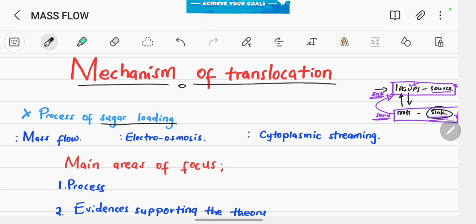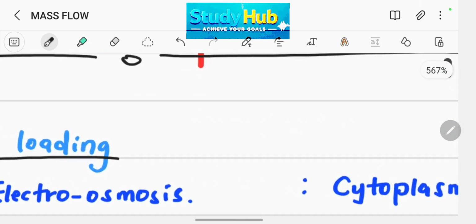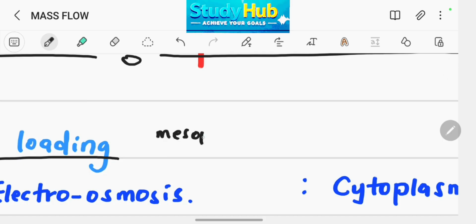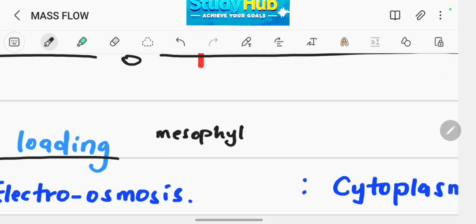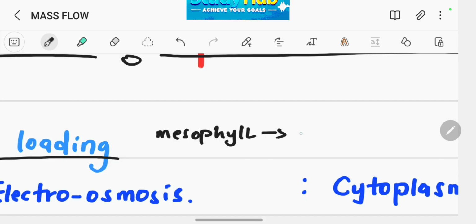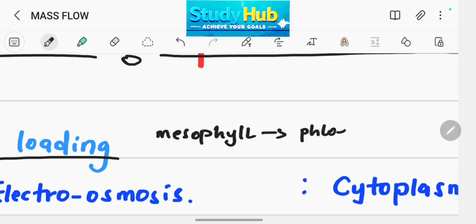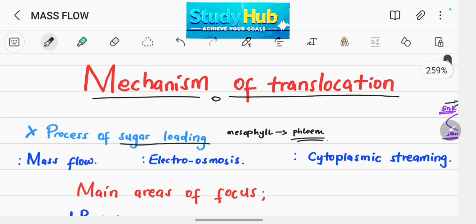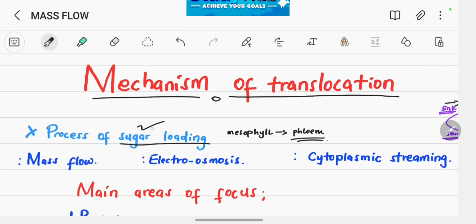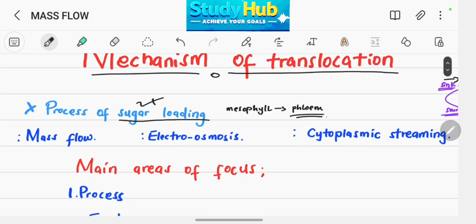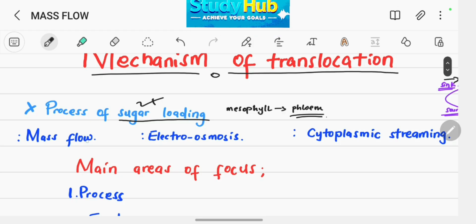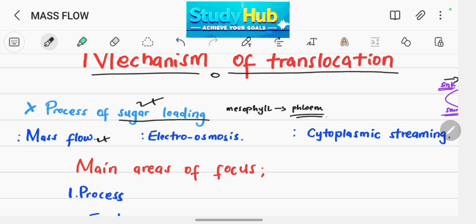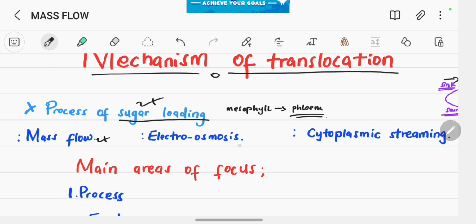How is sugar loaded from the leaf or from the mesophyll cells to the phloem. That process, we have to look at it under sugar loading. Then we have to look at mass flow. These are the theories that we have to study about and look into.